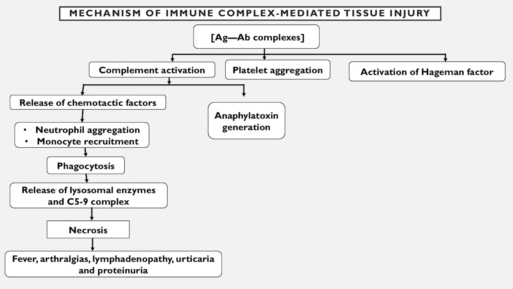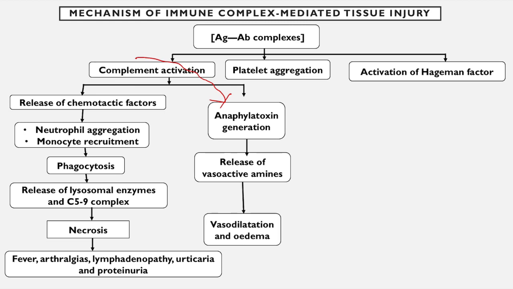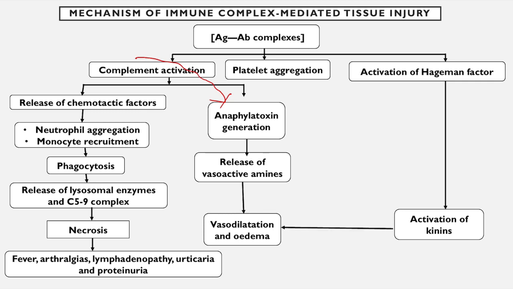Now, the complement activation causes anaphylatoxin generation, which causes release of vasoactive amines, then vasodilatation and edema. The Hageman factors cause activation of kinins, which causes vasodilatation and edema, the same as the sequence of complement activation.